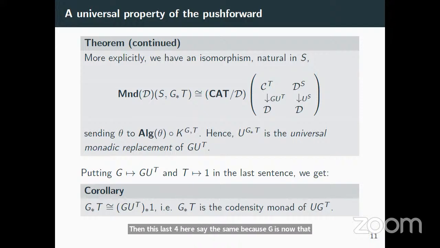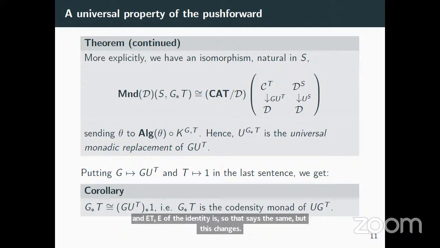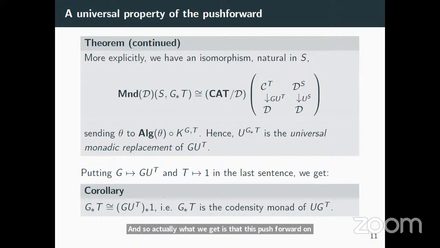So that stays the same, but this changes. And so actually what we get is that this push forward monad is actually the codensity monad of GUT here. So not only are codensity monads a special case of push forward monads, but actually all push forward ones can be.